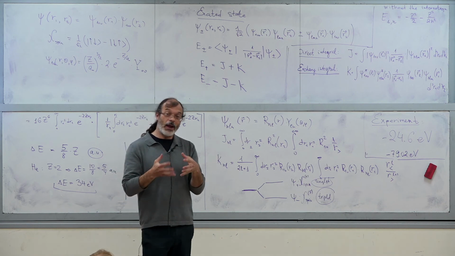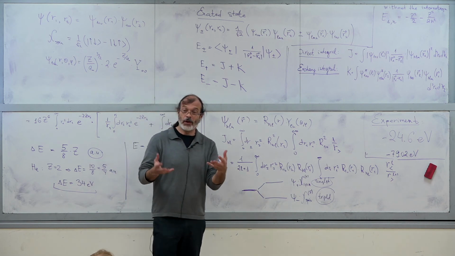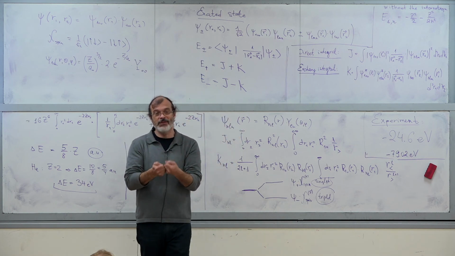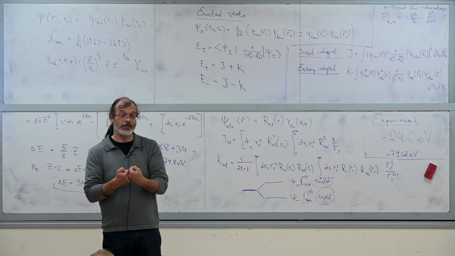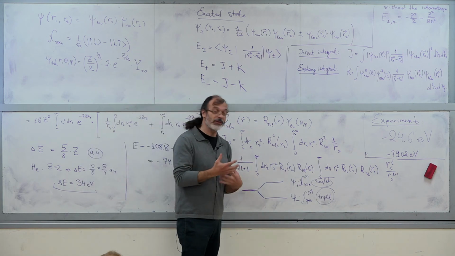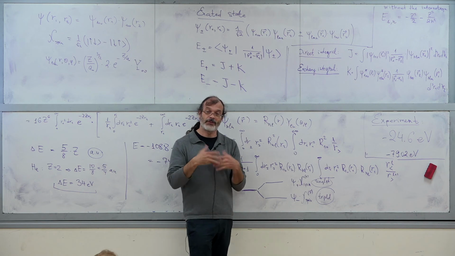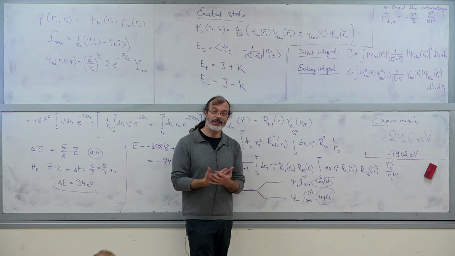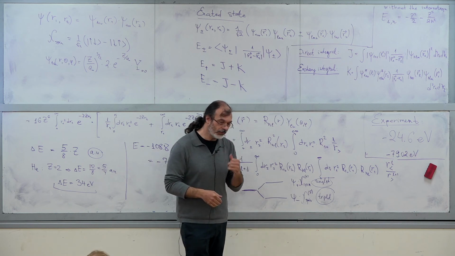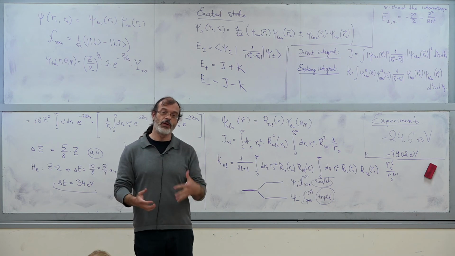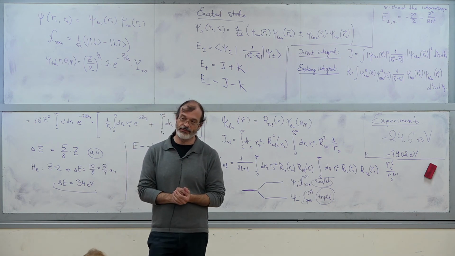This strong correlation appears from nowhere, just from the requirement to antisymmetrize the wave function. It's this requirement of antisymmetrization of the wave function, the Pauli principle, that ended up building a strongly correlated wave function, which gives us a strong correlation between spatial degrees of freedom and spin degrees of freedom.